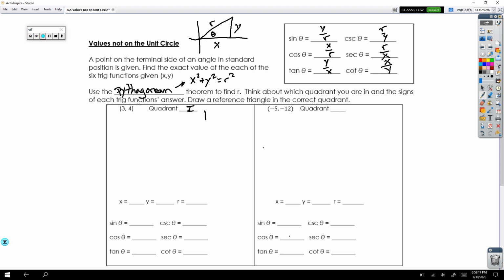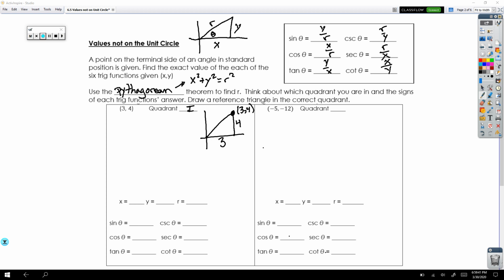So let's draw our triangle in quadrant 1. So that's the point 3, 4. So that tells me that the x distance is 3 and the y distance is 4. Now, if you remember your special right triangles, this would be a 3, 4, 5 triangle. But if you don't remember that, we can always rely on the Pythagorean theorem.